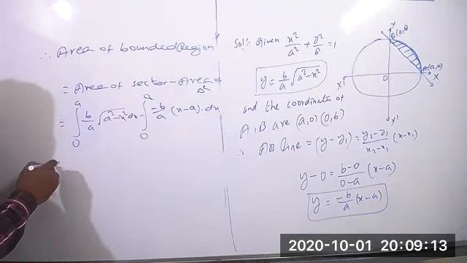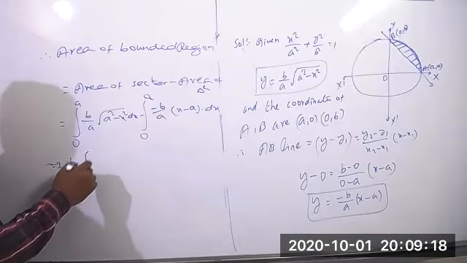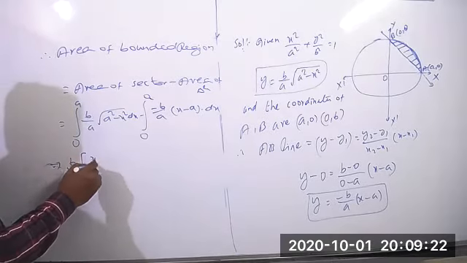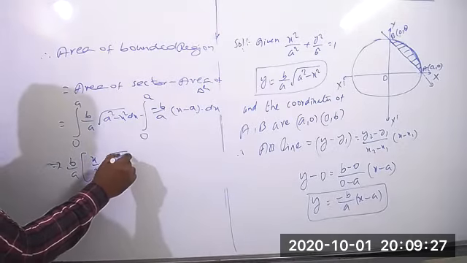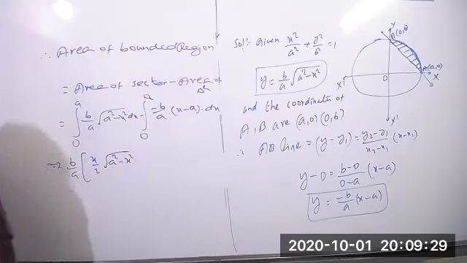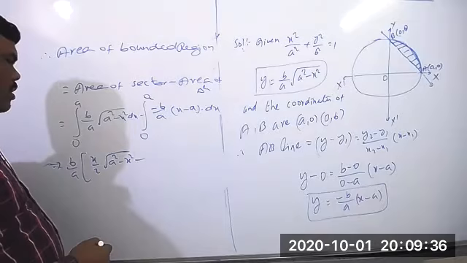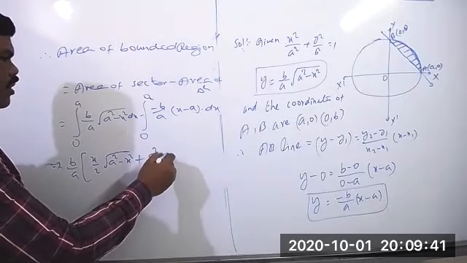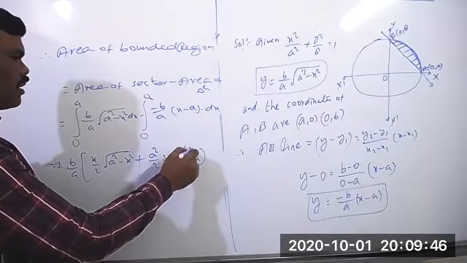b by a is the constant value, take outside. And integration of 0 to a, this is the formula we know very well. All of you write clearly that: x by 2 into root of a square minus x square, plus a square by 2 into sin inverse of x by a.